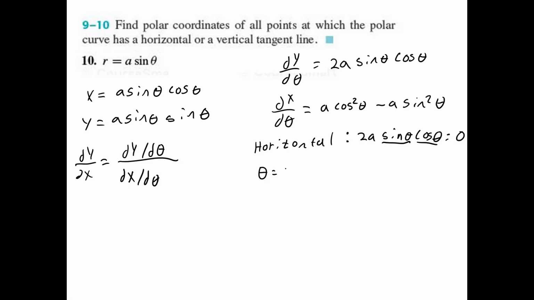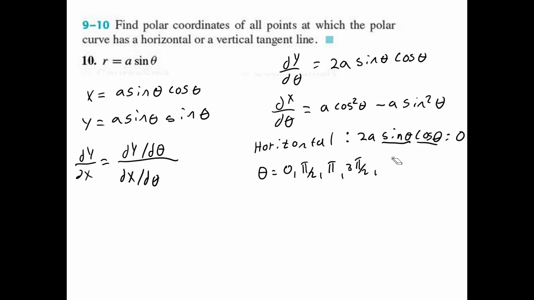So theta is equal to 0, pi over 2, pi, 3 pi over 2, and 2 pi. But at 2 pi, you're going to get the same point as at 0. So you're going to get the pole. So no need for that.